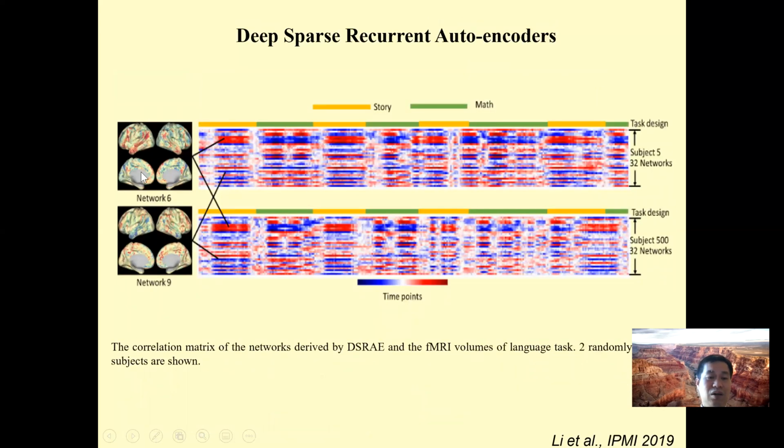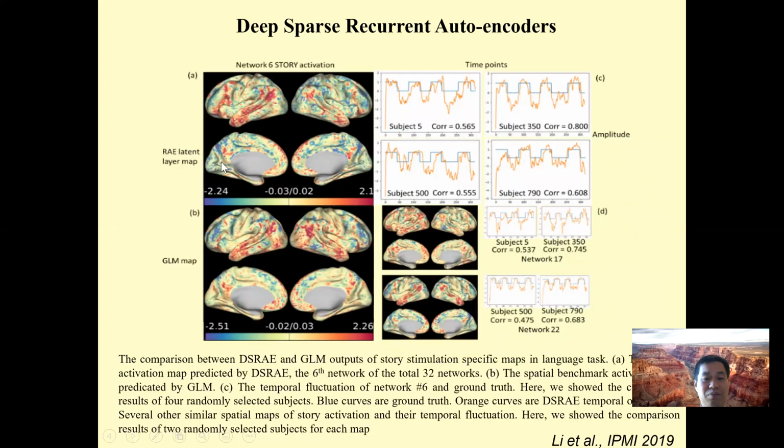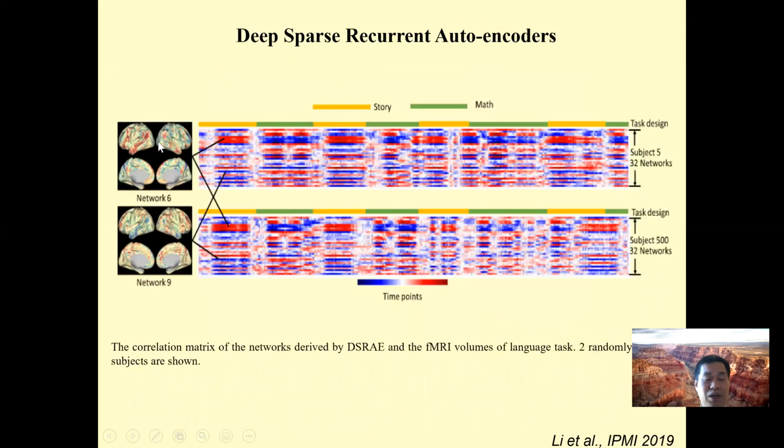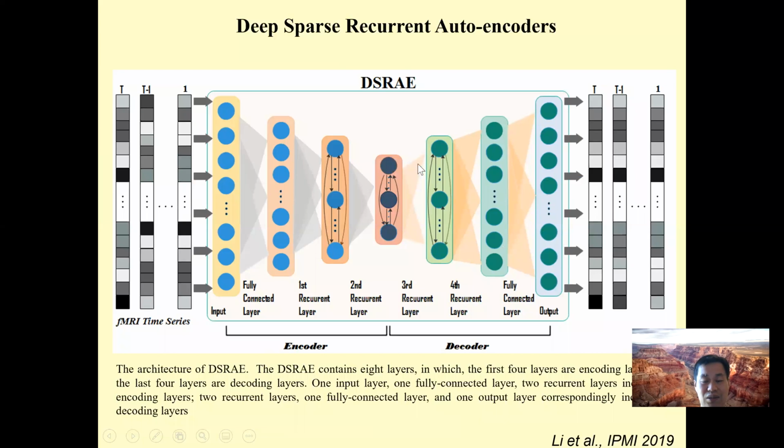This is the spatial distribution at one time point, and this is the temporal dynamics of the networks. So for any of the brain networks extracted from the DSRAE, we will be able to see the dynamic changes of the spatial distribution and the temporal activities at the same time, for these dozens of brain networks encoded between the encoder and the decoder.